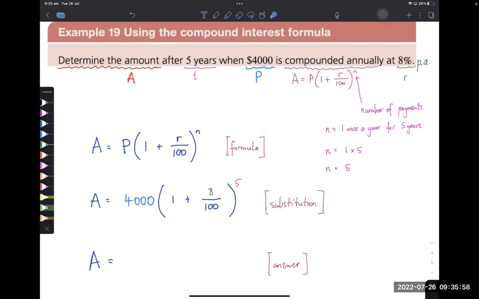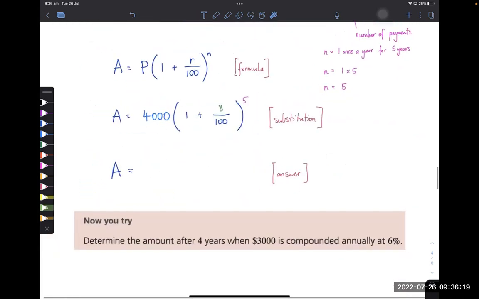That's okay. Okay. If you're using a really basic scientific calculator, I want you to type it in like this, okay? I want you to type these numbers in. 4,000. So I'm just gonna write calculator.